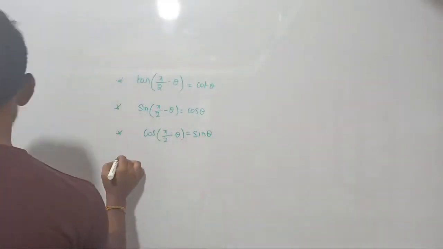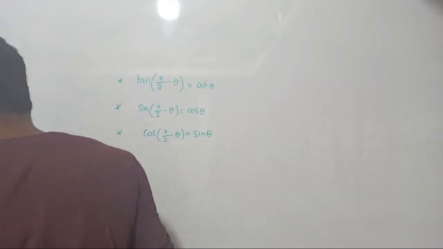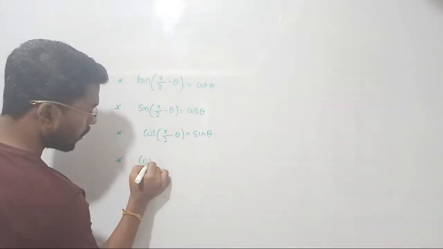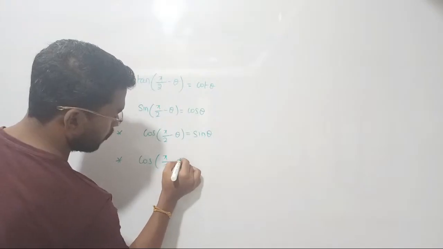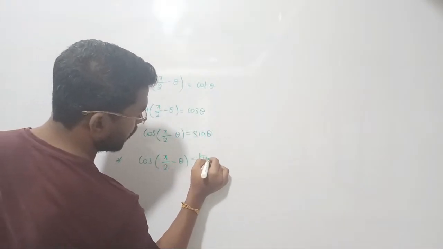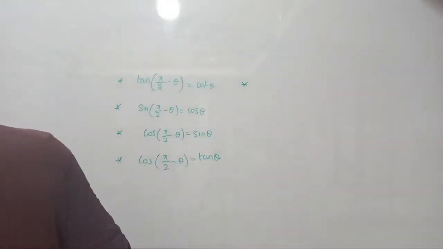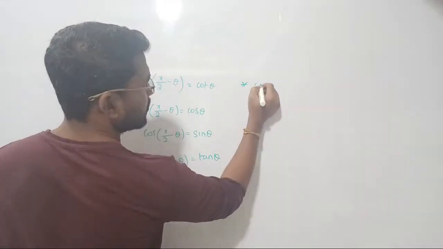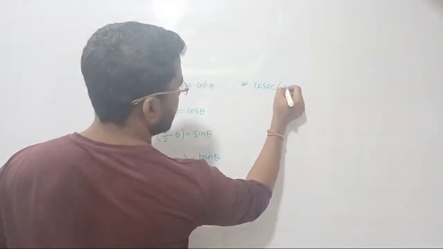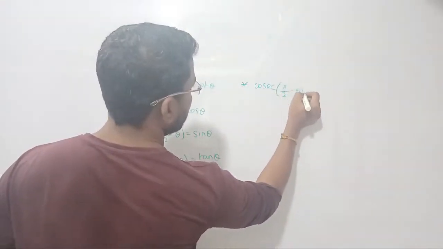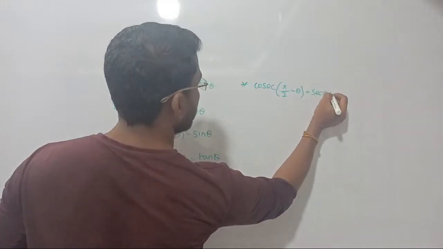Next, cot of pi by 2 minus theta is equal to tan theta. Next, cosecant of pi by 2 minus theta is equal to secant theta.